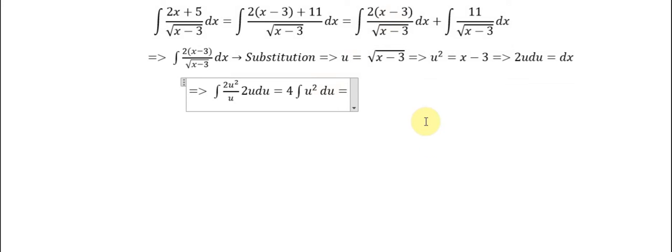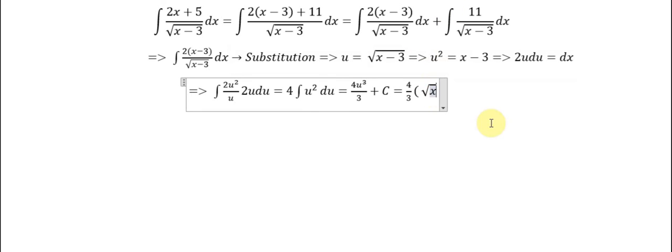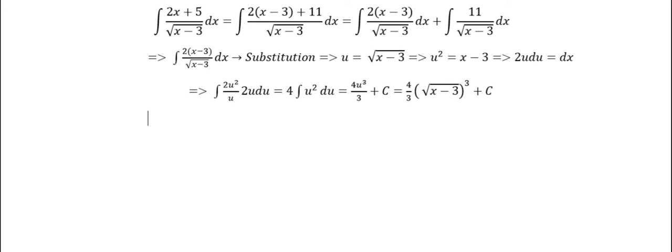U power 2 becomes 4u power 3 divided by 3 plus c, and u will return back to the square root. So this is the first one.